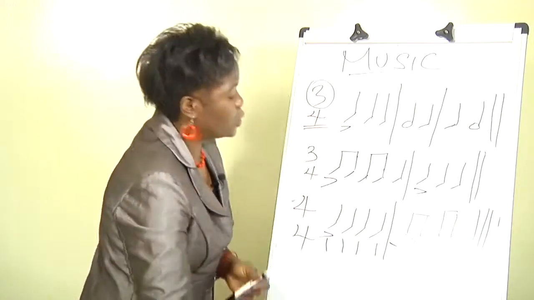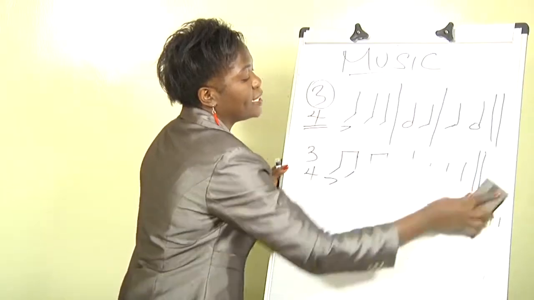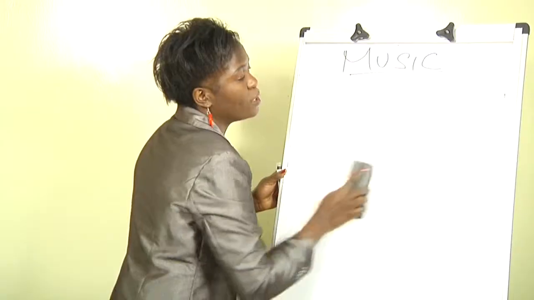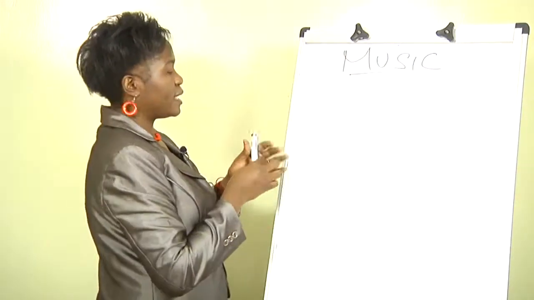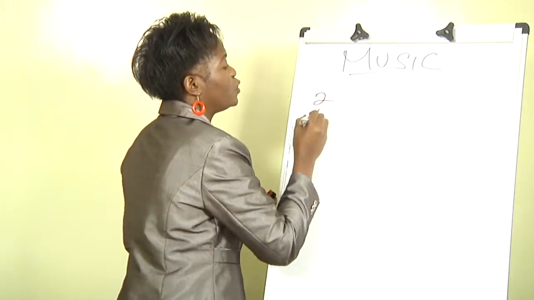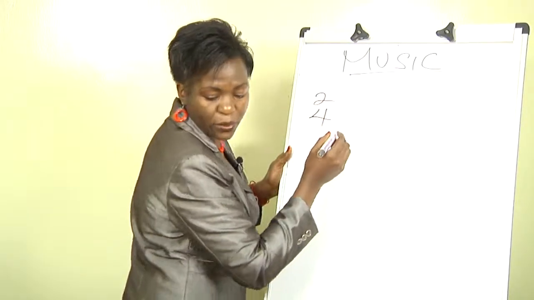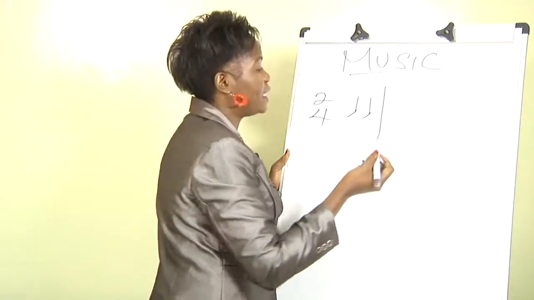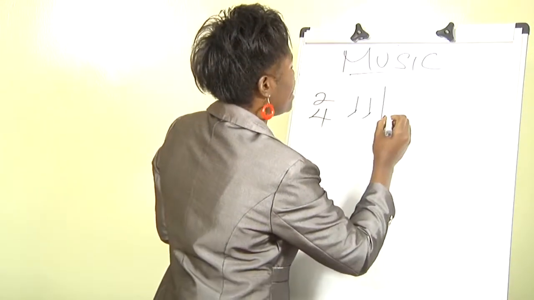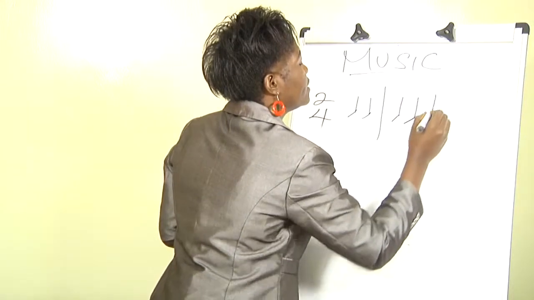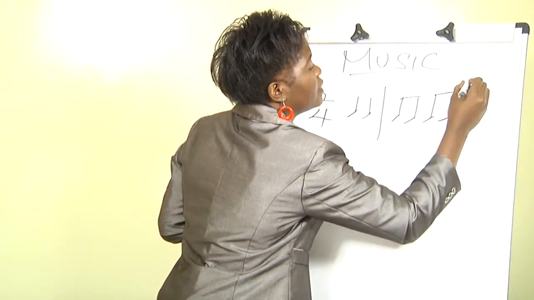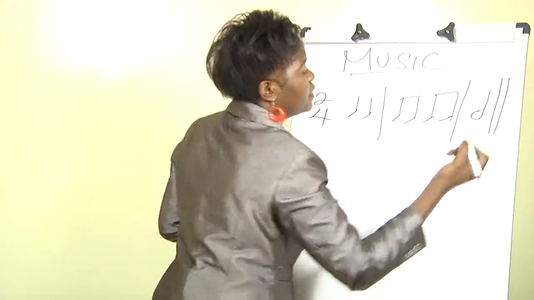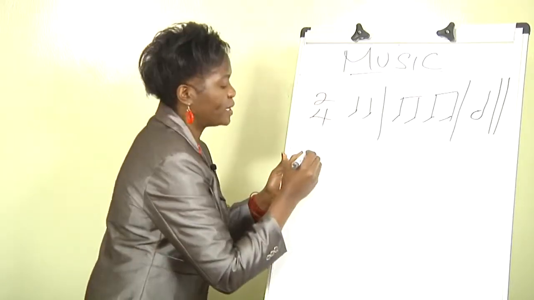Now, I want you, as you watch this particular lesson, to just write these notes down, and at your own time, try to clap them. The first one will be in 2/4. I'll give you a very simple assignment for your own time. Just try to clap that particular rhythm.